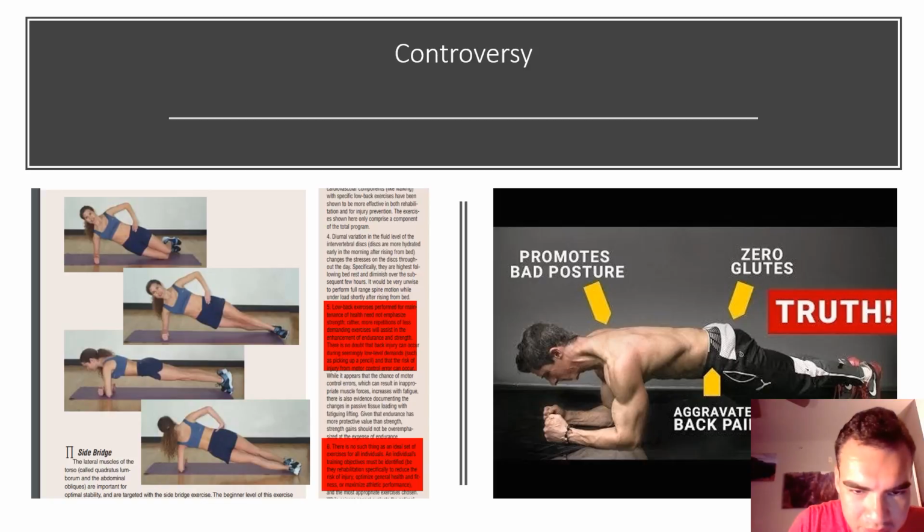More repetition-demanding exercises will assist the enhancement of endurance and strength, which I really agree with. He's a really big proponent of what's called bracing of our spine. He loves planks, and he doesn't think we need to do planks more than 10 seconds to get the adaptation, because over a longer period of time we're just going to stop the bracing motion, which I agree with as well.